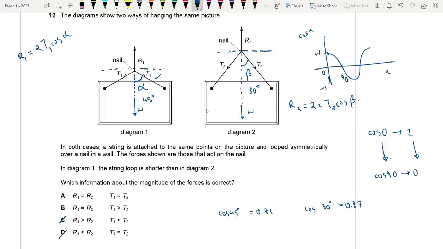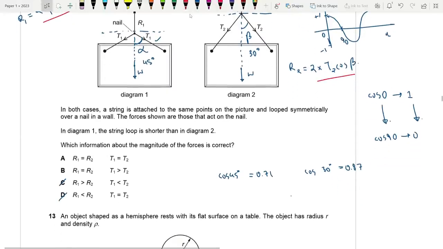And we know that R1 is equal to R2. So we can equate these parts of the equation. So can we not write that T1 cos alpha is equal to T2 cos beta? We can, right?